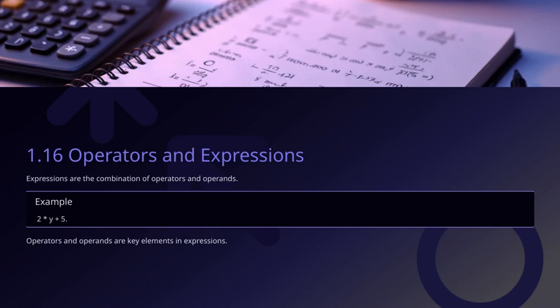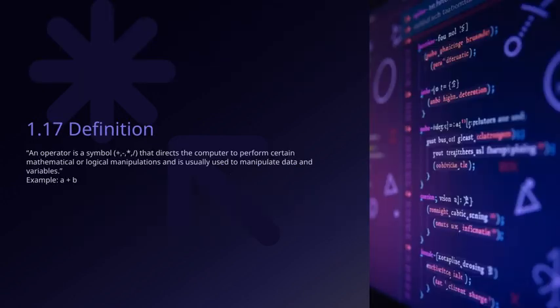All right, let's talk about what an operator is. An operator is essentially a symbol like plus, minus, multiply, or divide. So, plus, asterisk, that tells the computer to perform a specific mathematical or logical operation. These operators are fundamental because they help us manipulate data and variables within our programs.